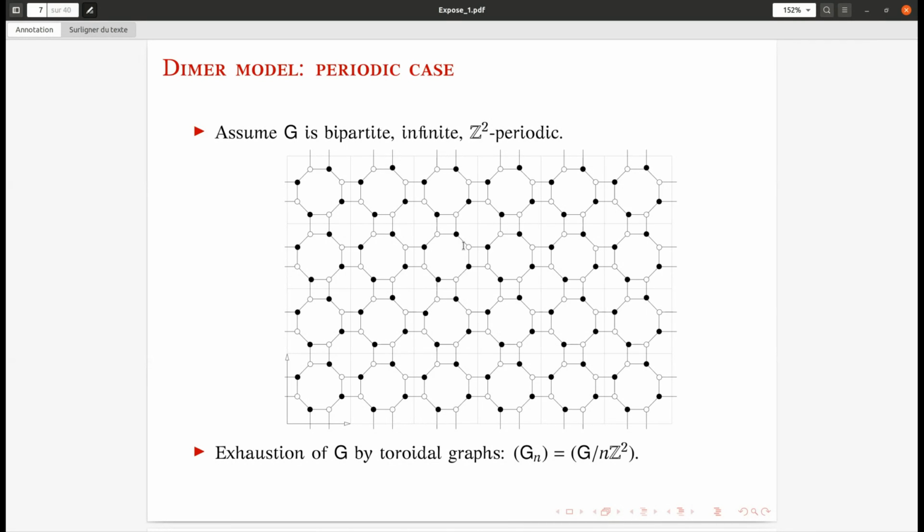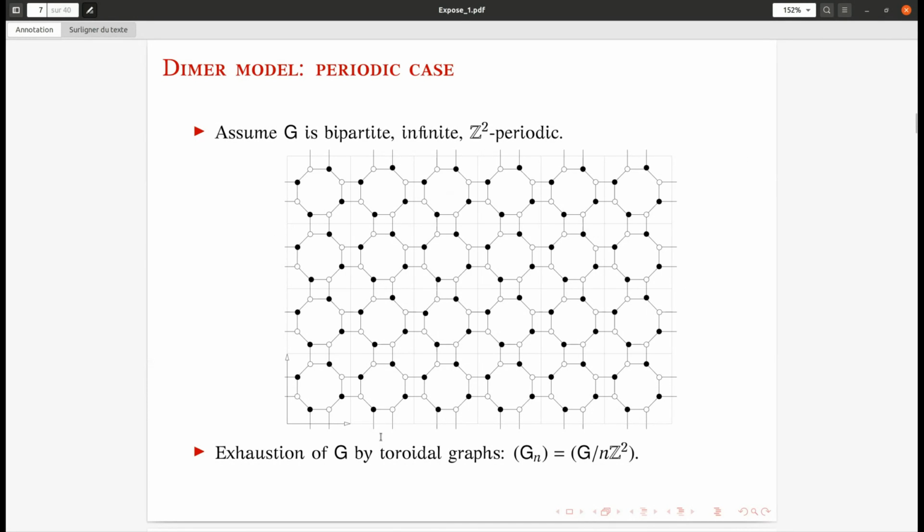And so to study the graph on the infinite lattice, what you do is you take an exhaustion of your infinite graph by toroidal graphs. They will be referred to as G_n. It's G quotiented by nZ^2. So here, for example, putting it on the torus just means that you identify opposite sides.